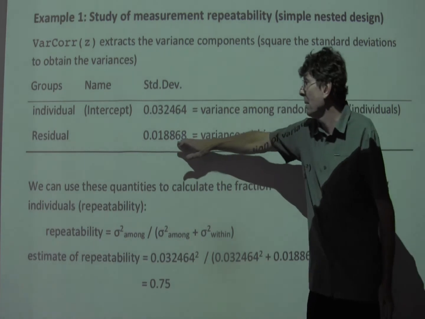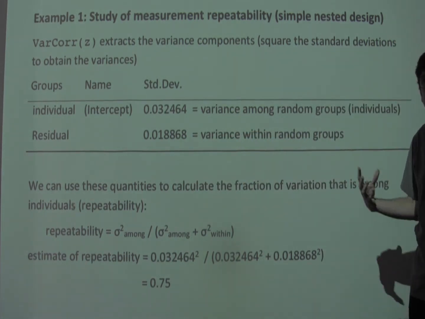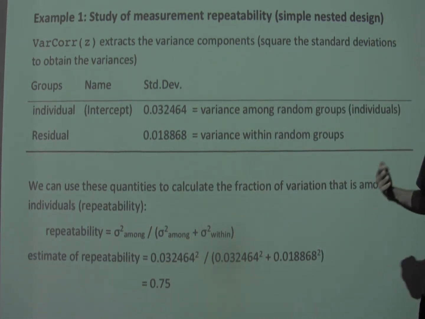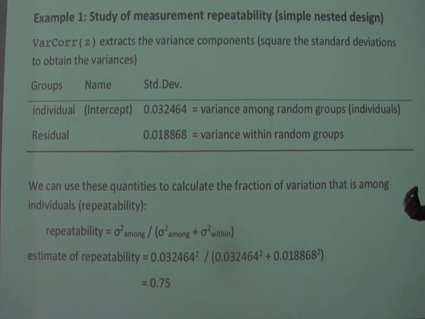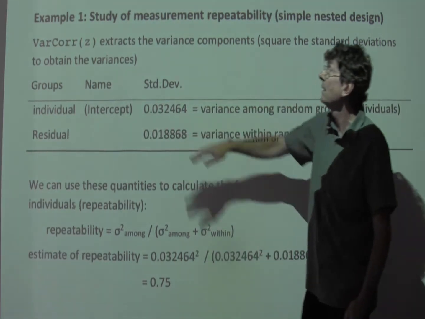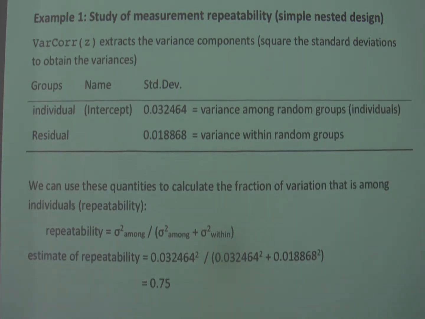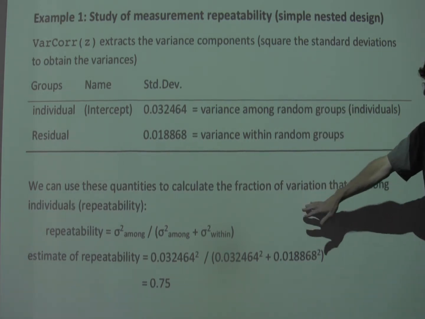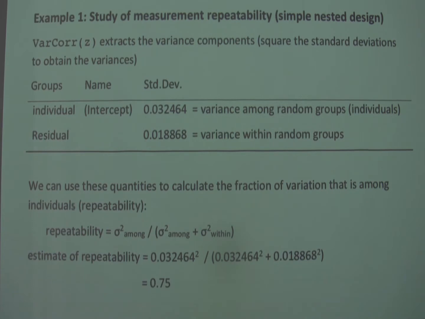And the residual from that model then is an estimate of the variance among the measurements within bugs, among the repeat measurements. But there's a second variance component that's estimated, and that second one is the variance among the bugs, in the true measurements among the bugs, the variance among the random groups. And these are the two quantities we need to calculate the repeatability.